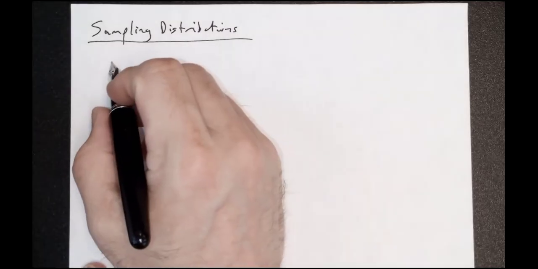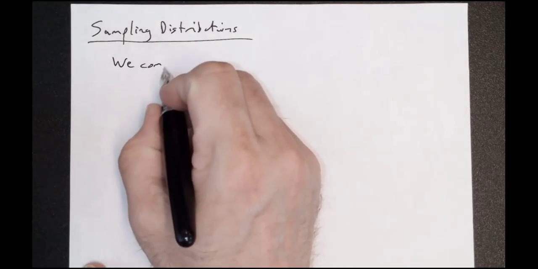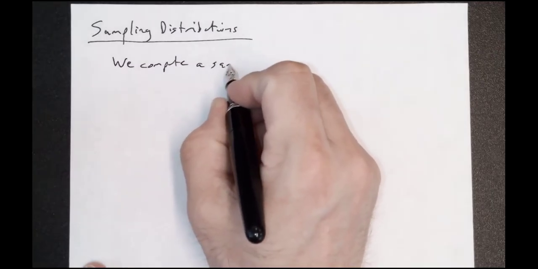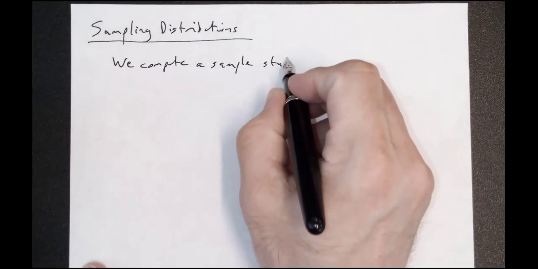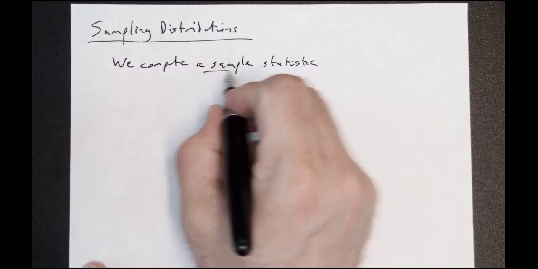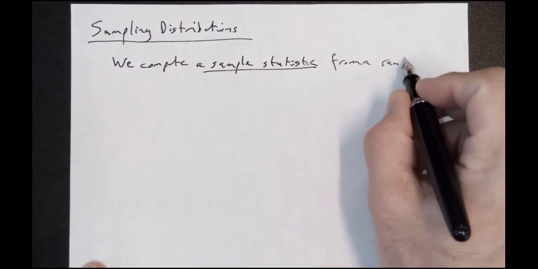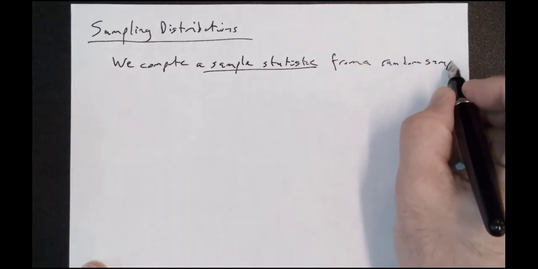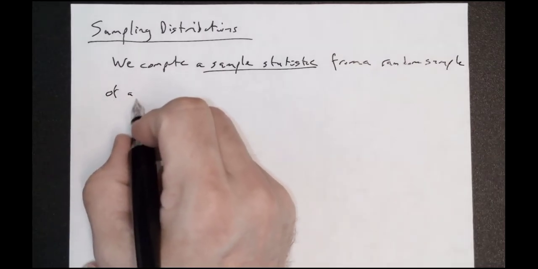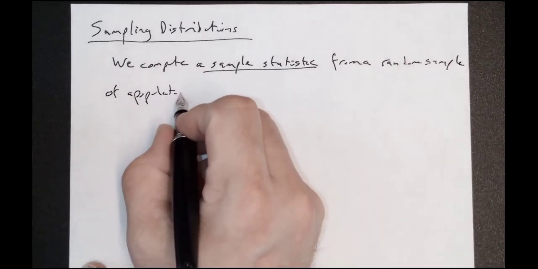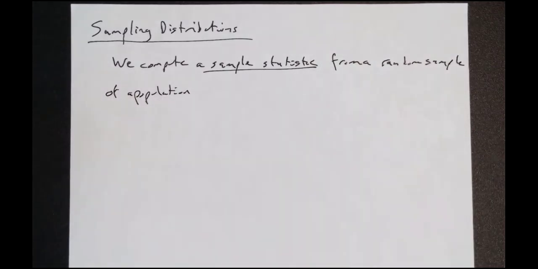I can then use the sample and make statistics out of that. So a sample statistic comes from taking some random sample of the population.